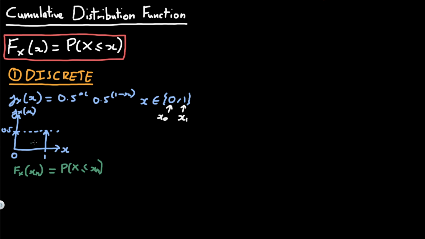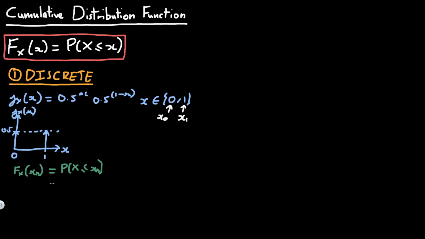And likewise, if we chose n as 1, so we looked at the probability that x was less than or equal to x1, which in this case is 1, we would be looking at the probability that the value of the coin flip would be a 0 or a 1, because 0 is less than or equal to 1, and 1 is also less than or equal to 1. We look at both of these scenarios.